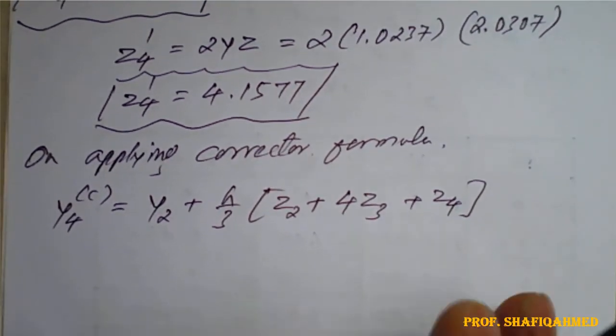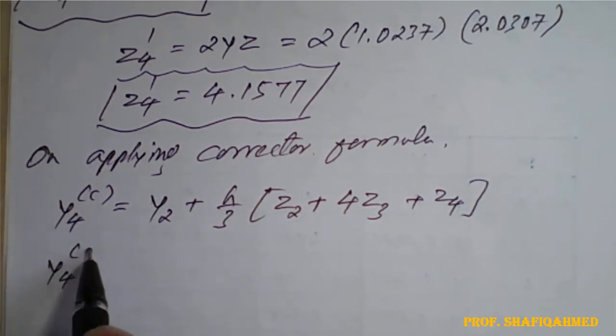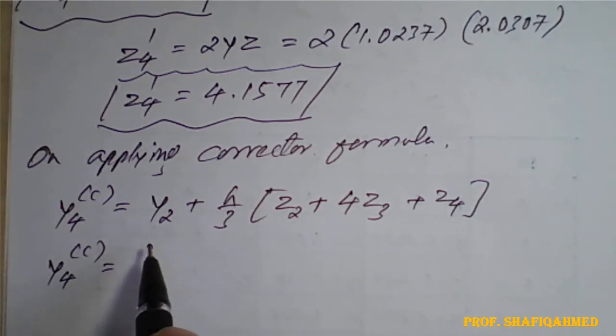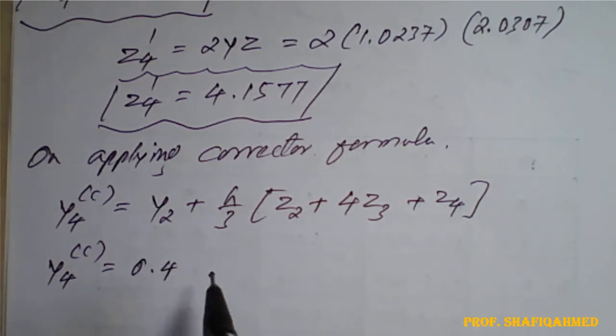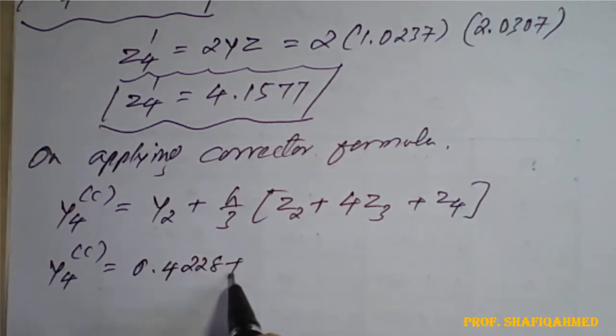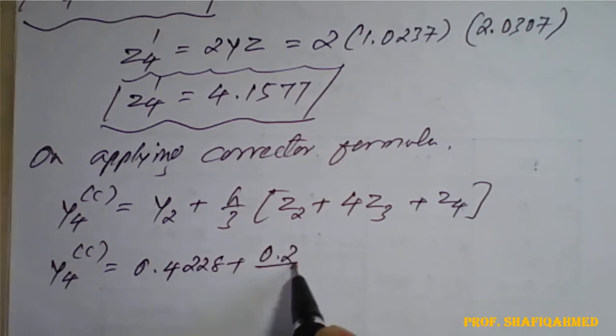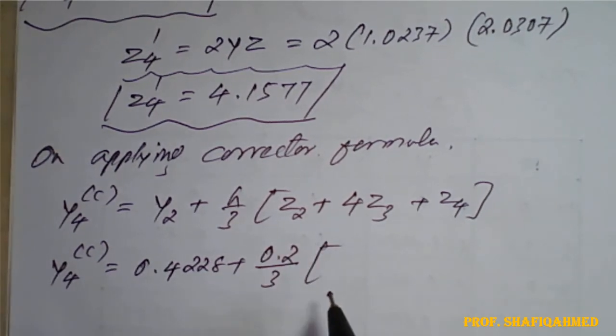So therefore we'll calculate the value of y4 of c first. So y2 value from the table, it is 0.4228, h value is 0.2 divided by 3 from the formula.